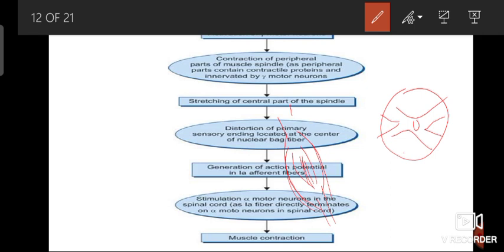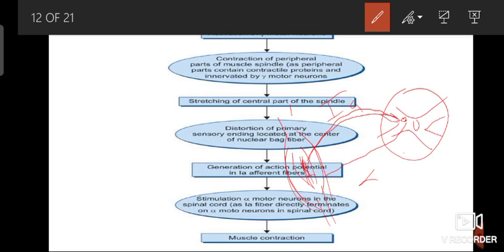When the muscle is stretched, 1A sensory endings are directly stretched, the 1A afferents are stimulated and go through the dorsal root to the spinal cord, and then direct termination on alpha motor neuron can cause contraction of muscle.